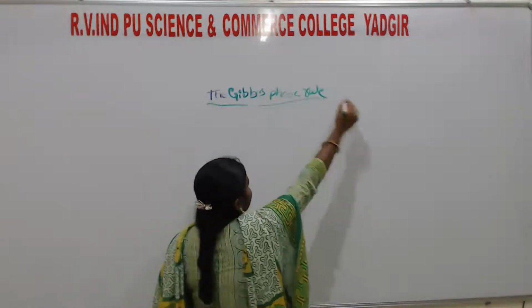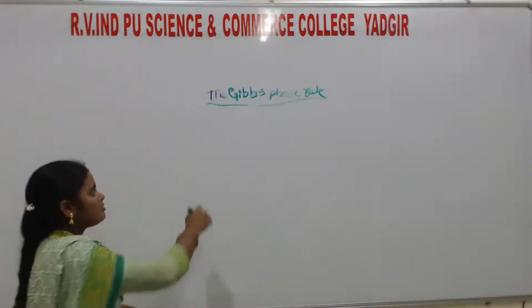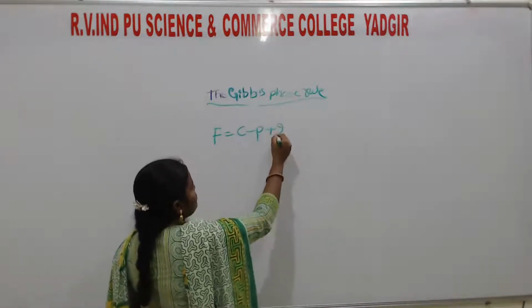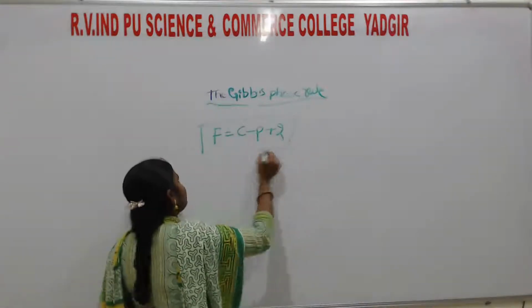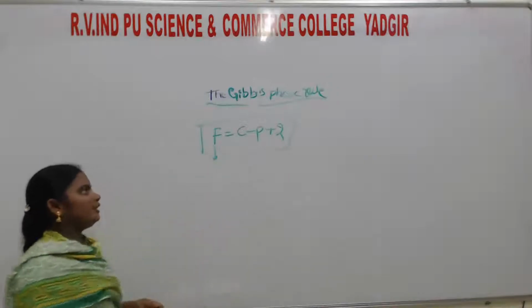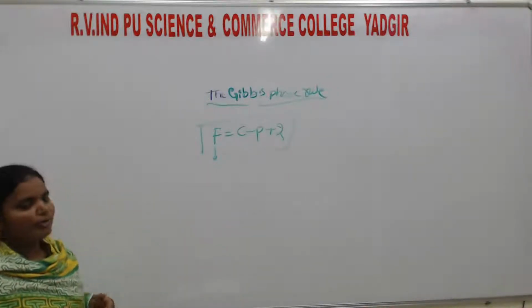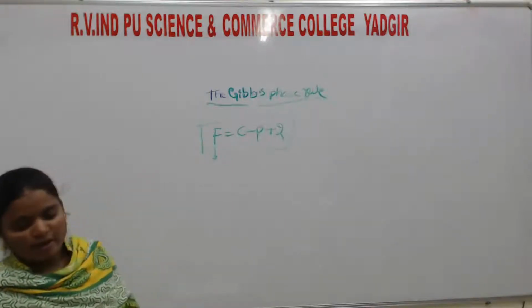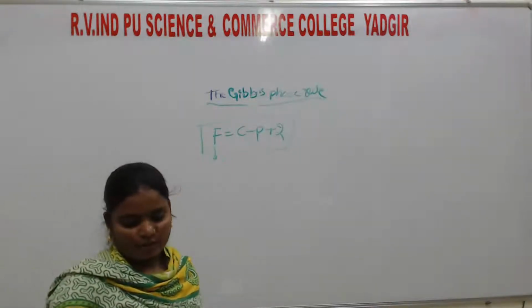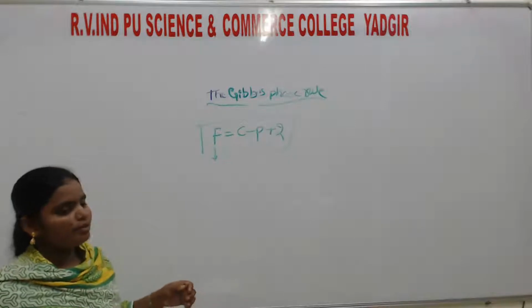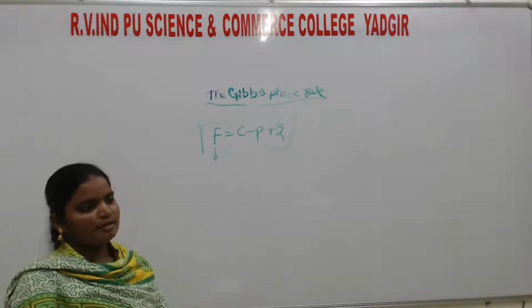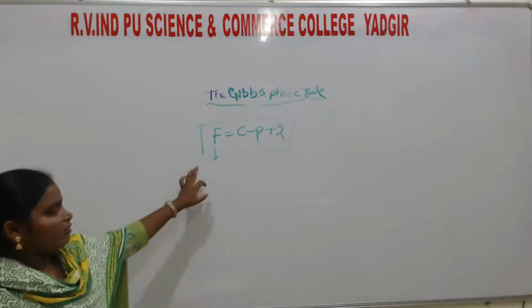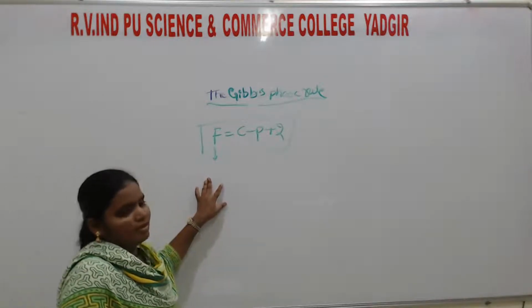You already know the Gibbs phase rule, that is F equals C minus P plus 2. Here F is the degree of freedom, C is the number of components, and P is the number of phases, and the 2 is the number of variables, only two: one is temperature and the other is pressure. Here you derive how to derive this phase rule equation.